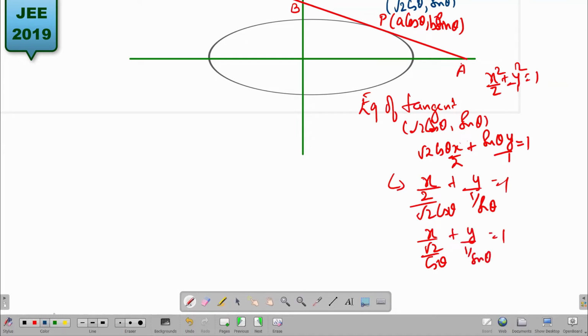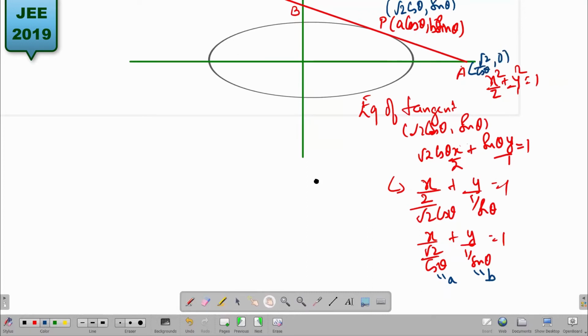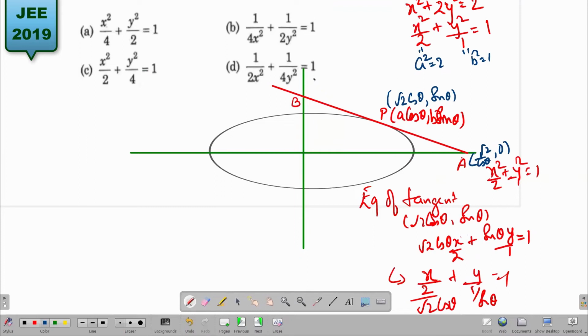So this will be my A of line and this will be my B, that is the y-intercept of line. So now this point comes out to be root 2 by cos theta, comma 0, and this point on y-axis is 0, comma 1 by sin theta.